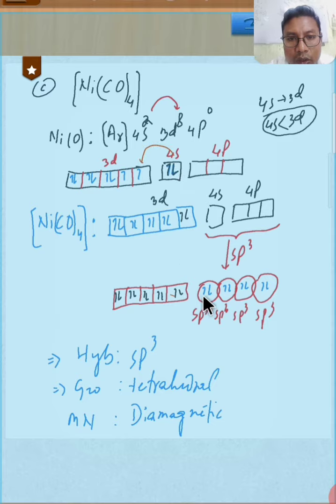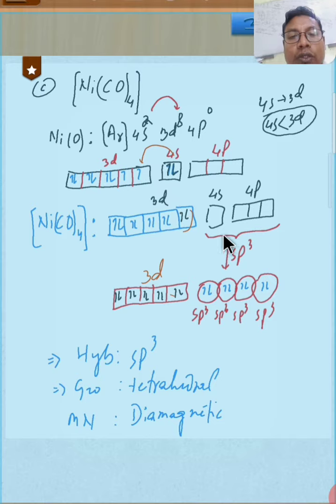So no 3d orbital will be available for hybridization. This 4s will be empty, 4p orbitals were already empty, so hybridization will be sp3. The d orbital, which must be empty, is filled by the electrons from 4s.